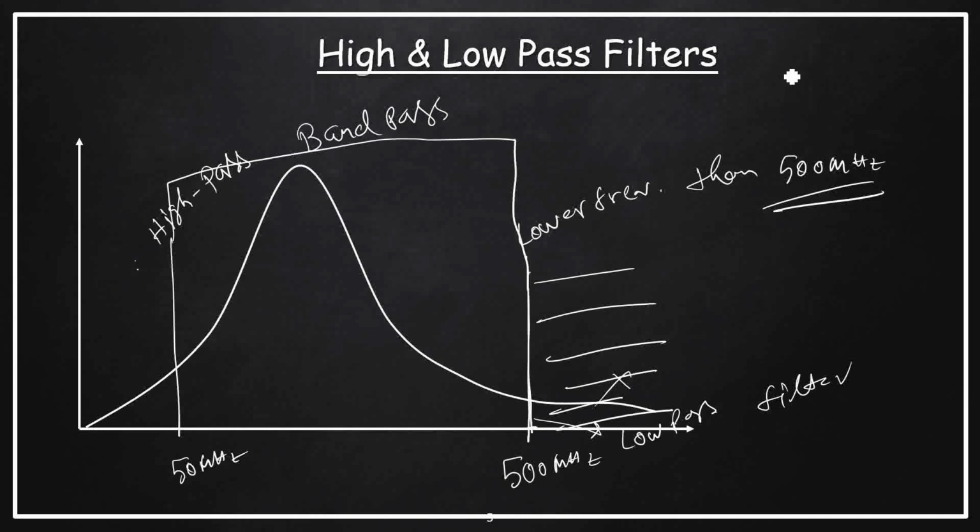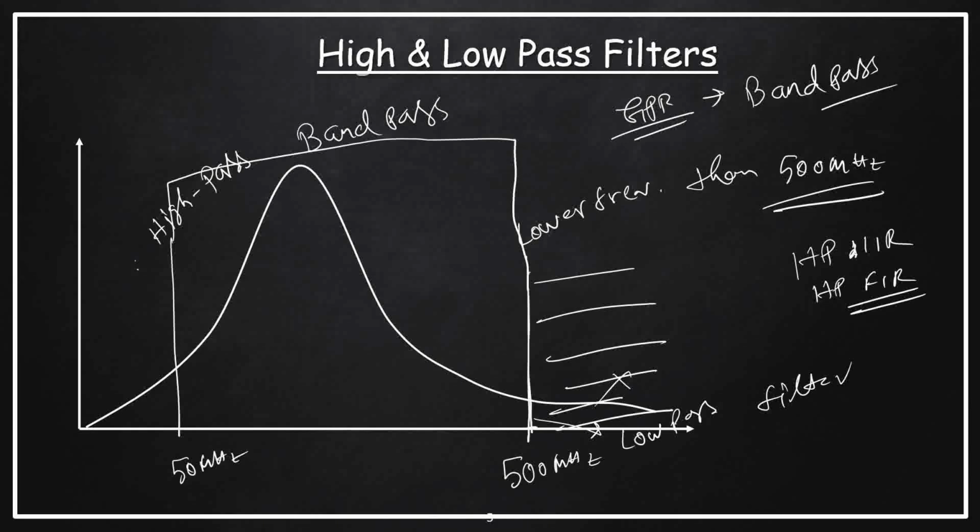So in my previous videos, if you have followed me, then you have known that there are several instances I have mentioned HP IIR, HP FIR, like this. HP means high pass, LP means low pass. In general, GPR data acquisition or the processing, we use the band pass filter, where we define the high pass and the low pass filter.